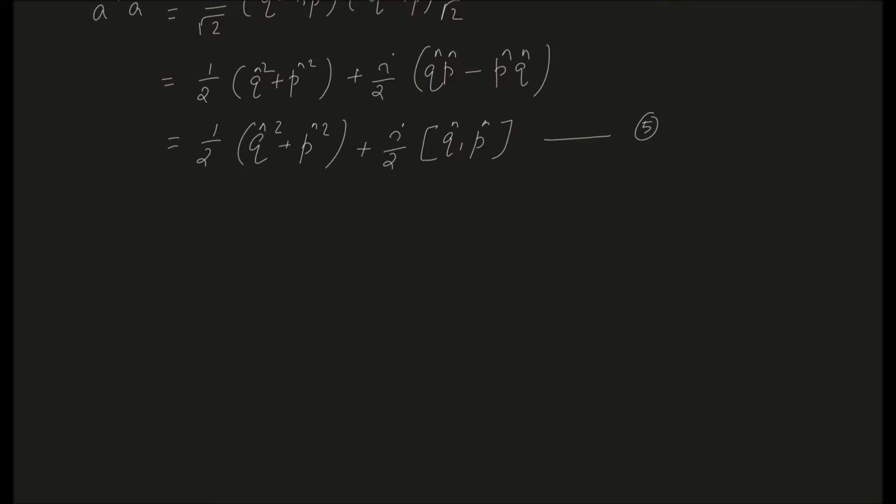Now in equation number 5 we have seen that there is a commutator bracket between q and p. So let's see what this commutation relation is. So let's calculate this commutator qp. So this is basically the commutator between square root of m omega by h cross x and capital P divided by square root of m omega h cross.